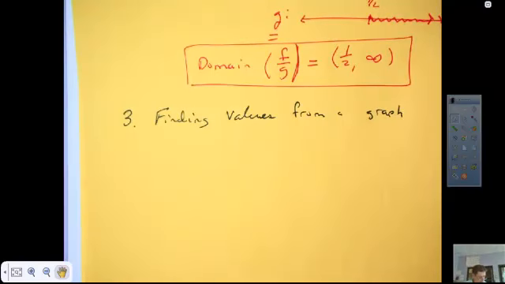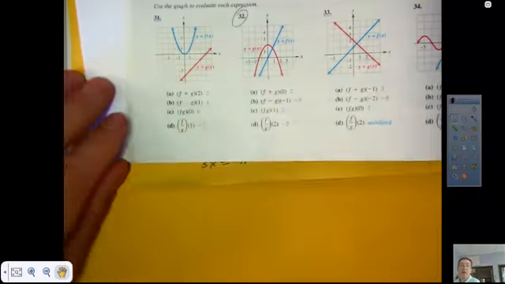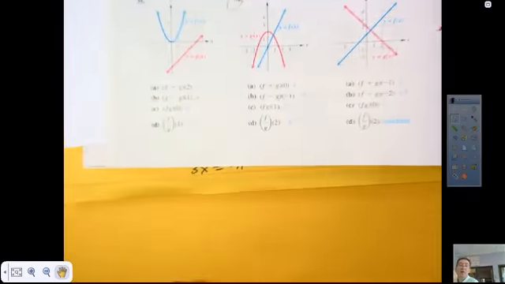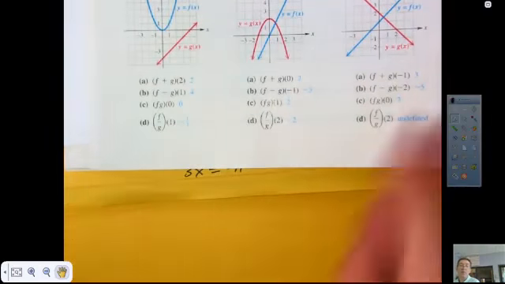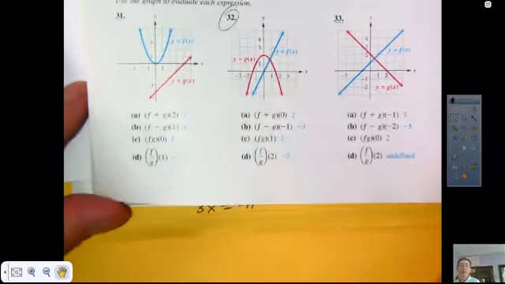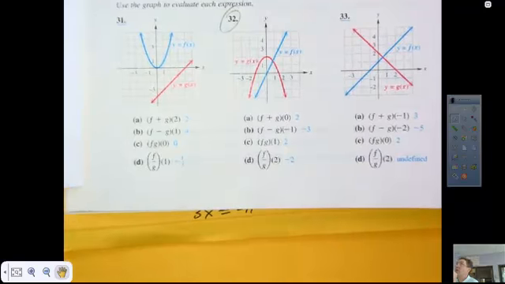Let me get my problem in my book here. Although this does have the answers, we'll just go through how to do this, because you have something like this on the computer, I think. We'll just work through 31 here. Can you guys see that okay?